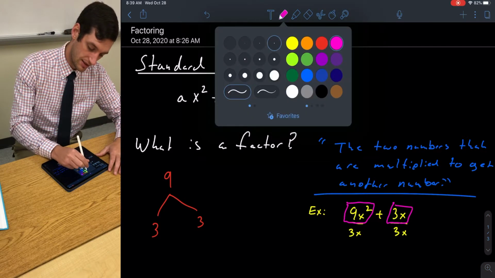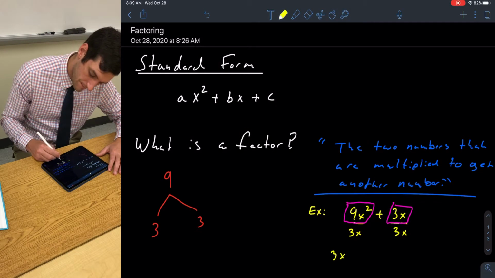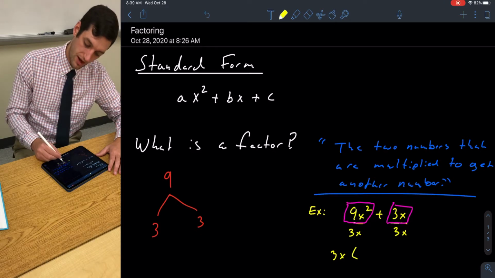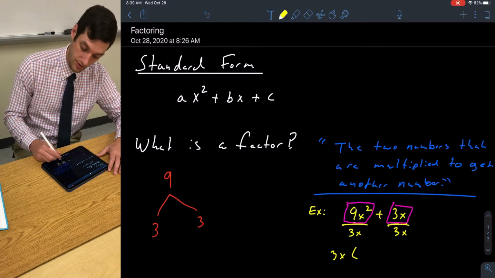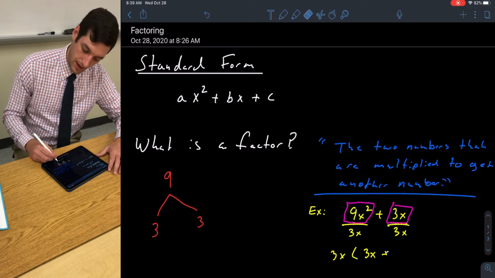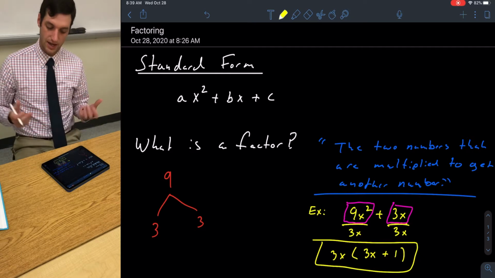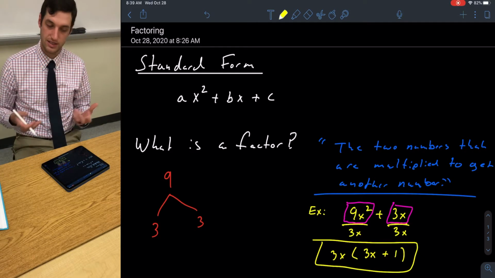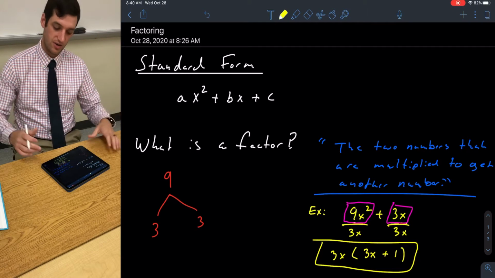The way that we write this is we'll write our 3x, whatever we factored out, and then we'll divide these by what we just factored out. Well, 9x squared divided by 3x is 3x, and 3x divided by 3x is 1. So right there's your answer. We had two things now that multiply to give us 9x squared plus 3x: 3x and 3x plus 1. So that's what factoring is.